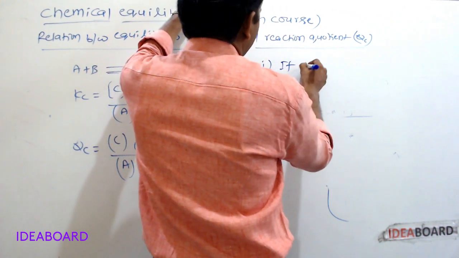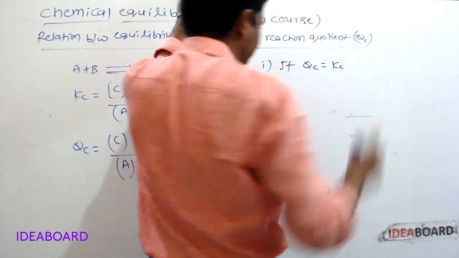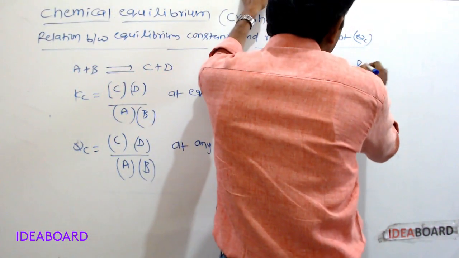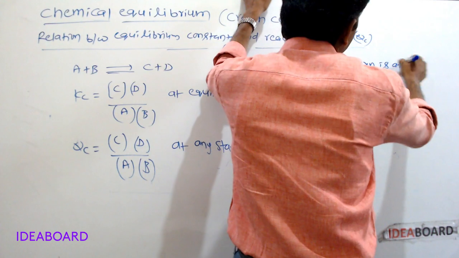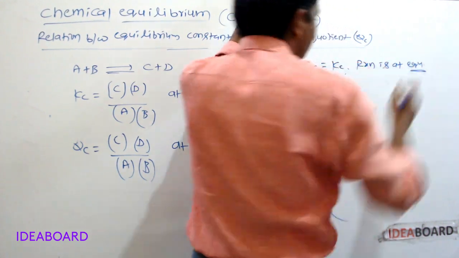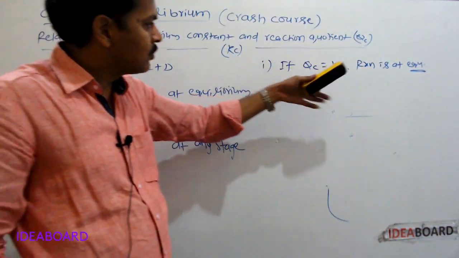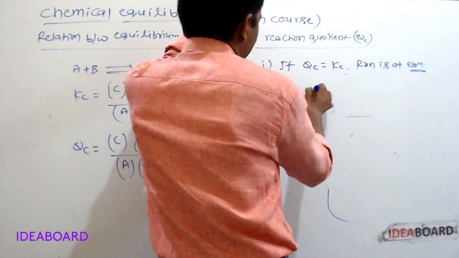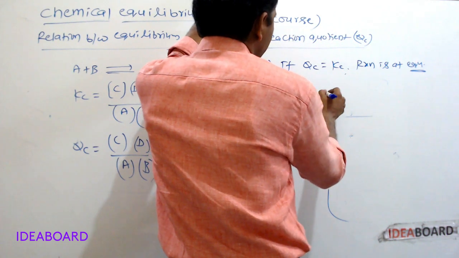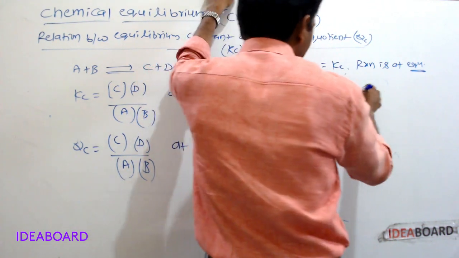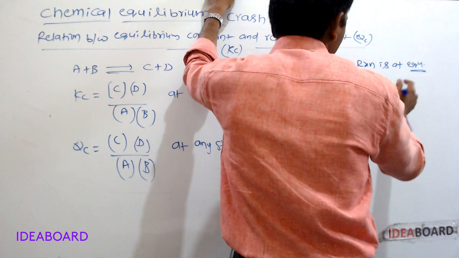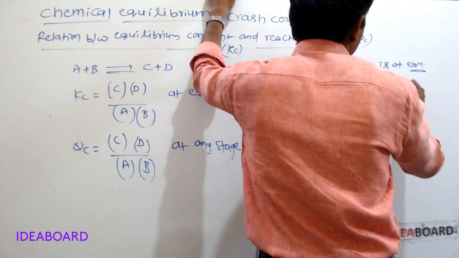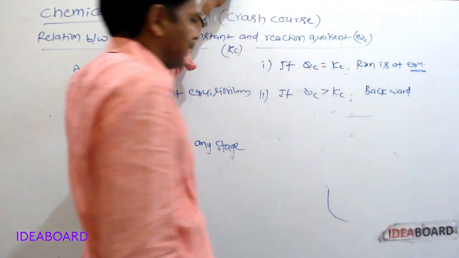If Qc is equal to Kc, then the reaction is at equilibrium state. Second case, if Qc is greater than Kc, then the backward reaction takes place.